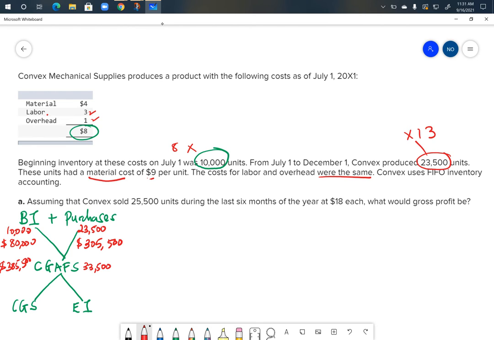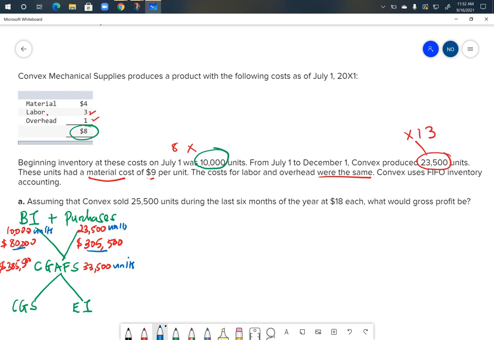The 80,000 represents the cost of the beginning inventory and the 305,500 the cost of the purchases. So we have $385,500 as cost of goods available for sale, and 33,500 in terms of units. Okay, let's move on.